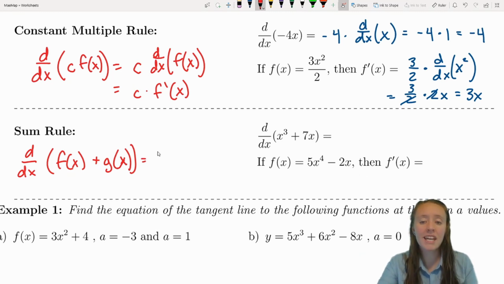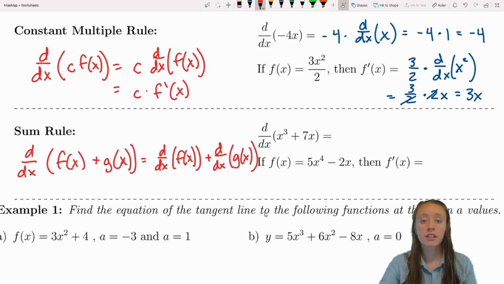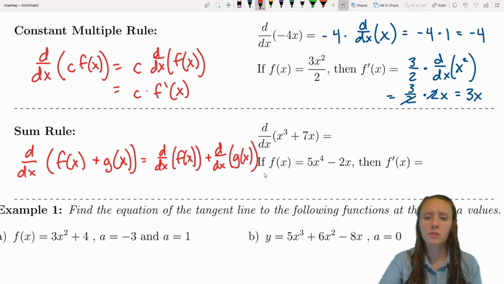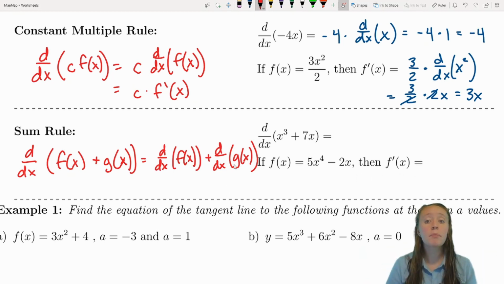So this is going to be equal to the derivative of f of x plus the derivative of g of x. And I wrote a little big there, so sorry about having to squeeze that all in, but we have the derivative of f of x plus that derivative of our function g of x. How this rule works, let's try it out in this first example.